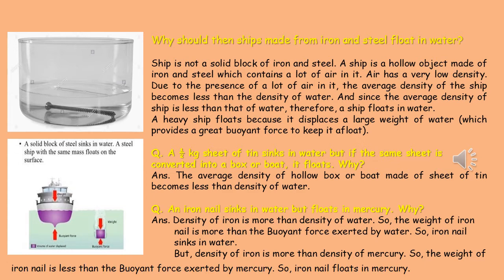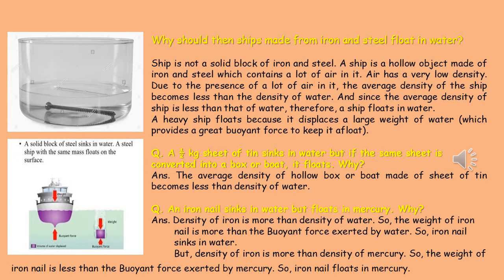A ship is not a solid block of iron and steel. A ship is a hollow object made of iron and steel which contains a lot of air in it. Air has very low density, and due to the presence of a lot of air inside its chamber, the average density of the ship becomes less than the density of water.